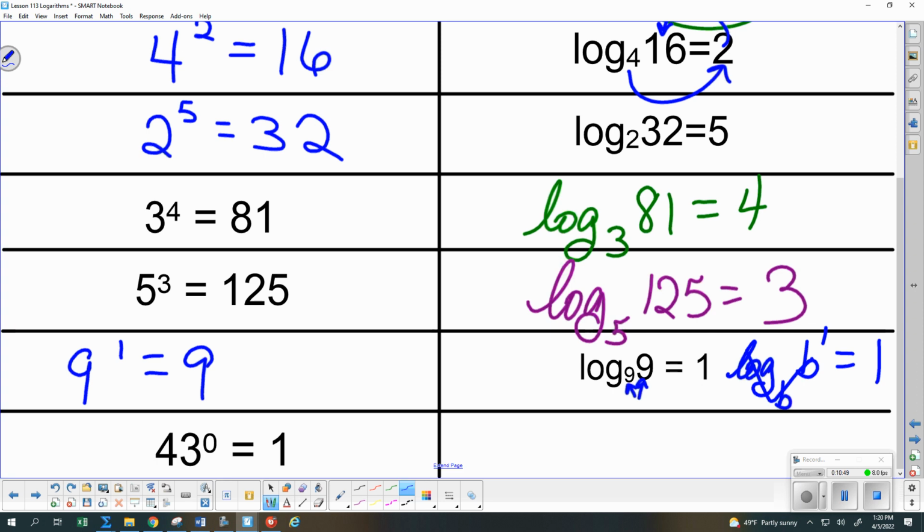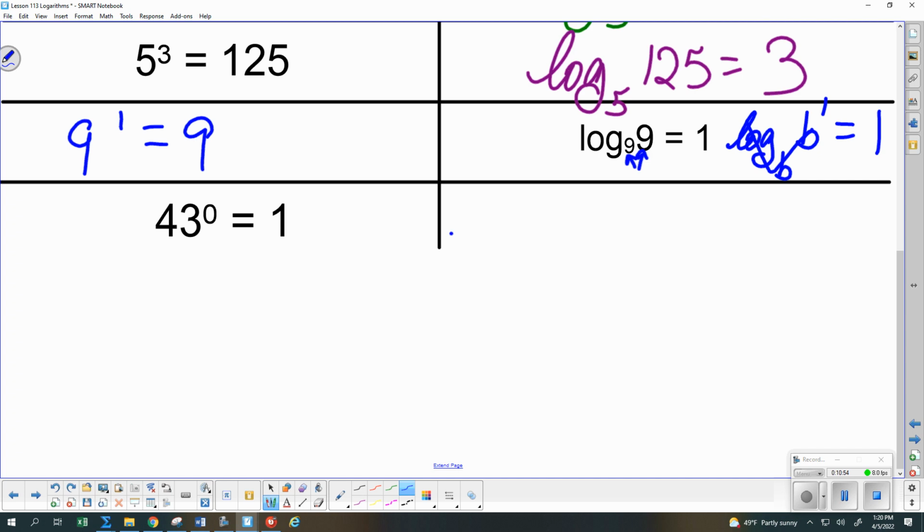Okay, last one for another special case. Let's change 4 to the 0 equals 1 to its logarithmic form. Haley?